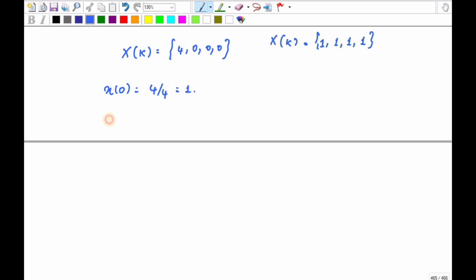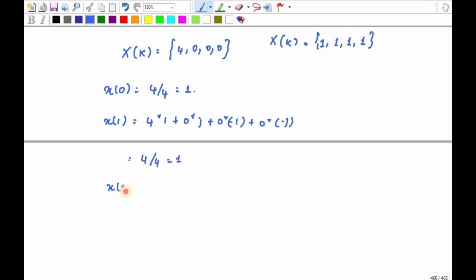What is x of 1? x of 1 is equal to 4 into 1, plus 0 into j, plus 0 into minus 1, plus 0 into minus j. So we get the answer 4, and 4 divided by 4 is 1.